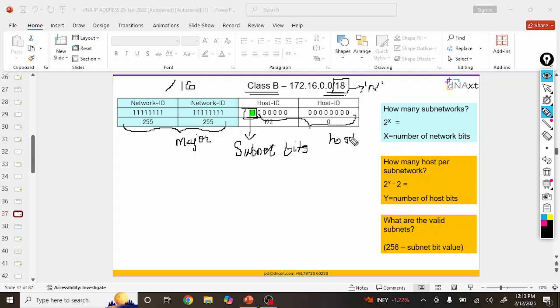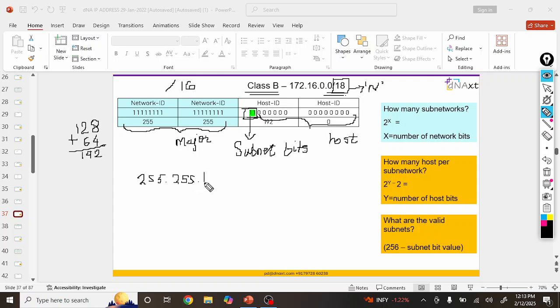Now if we write the subnet mask for this, it will become 255.255 dot. Now 2 bits are there, so the value of the first bit is 128 and the value of the second bit is 64, that becomes 192.